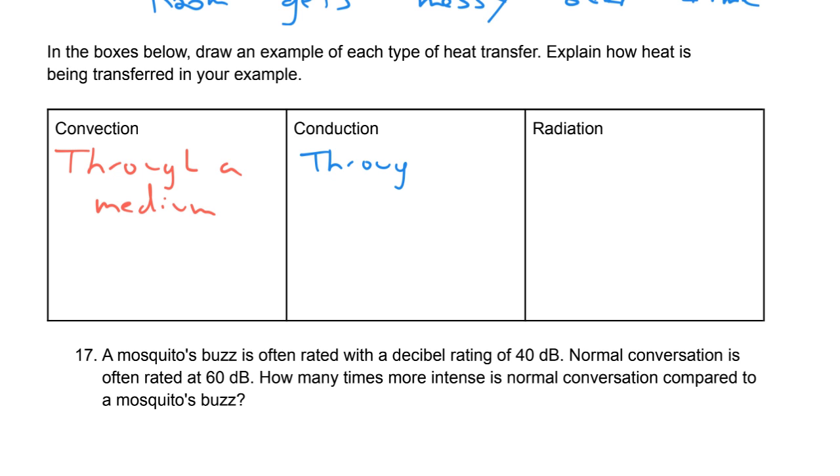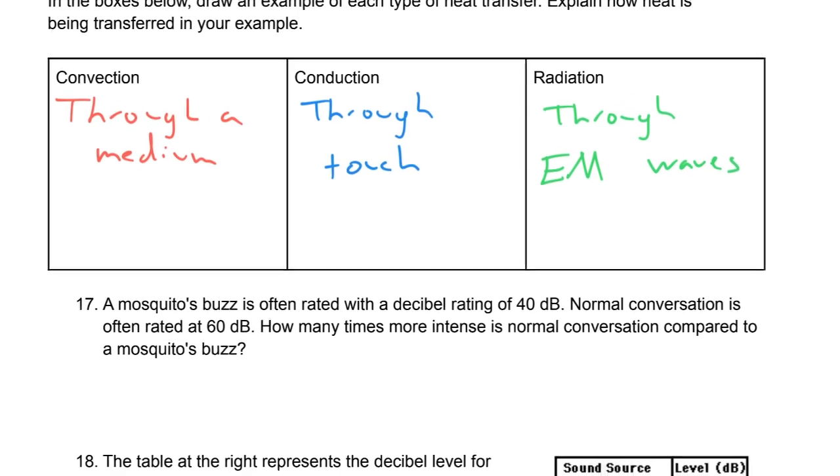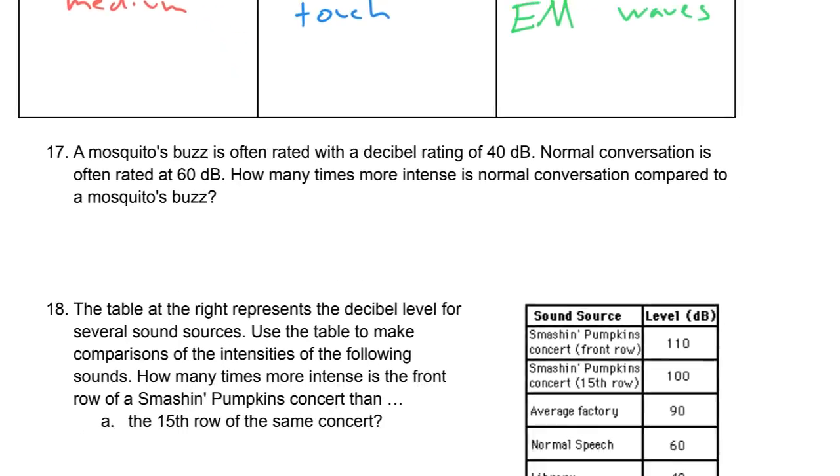So they have to be directly touching for the heat to transfer, that is conduction. And then radiation is through electromagnetic waves, typically in the infrared spectrum. And that's like how the sun brings heat to the earth.